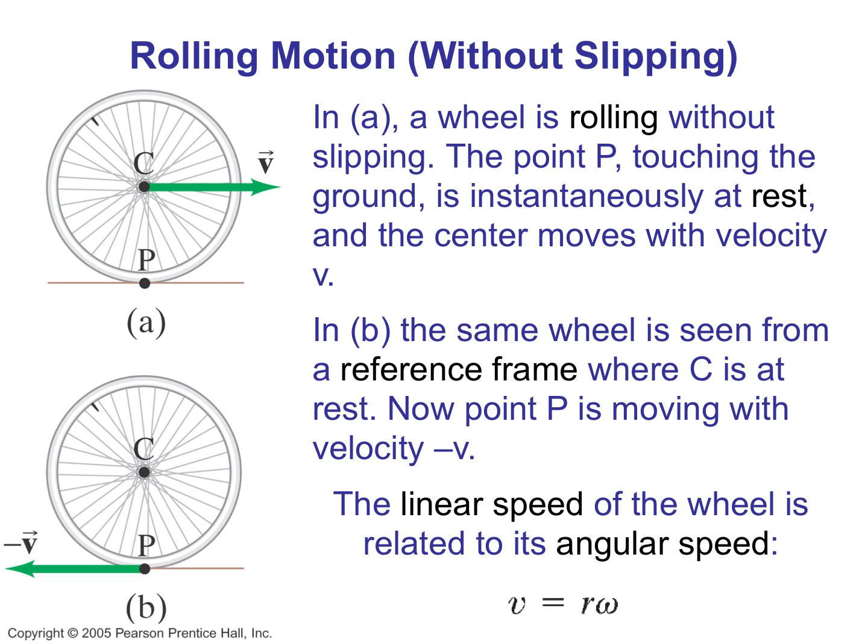And what I'm going to just mention here is rolling motion without slipping. If you have such a wheel that is traveling and rotating, you could look at each of these points and describe the rotational aspect of it.